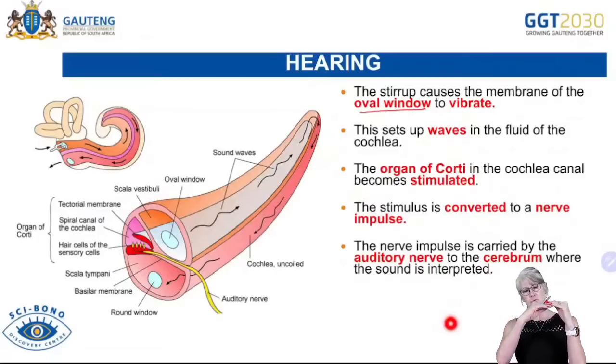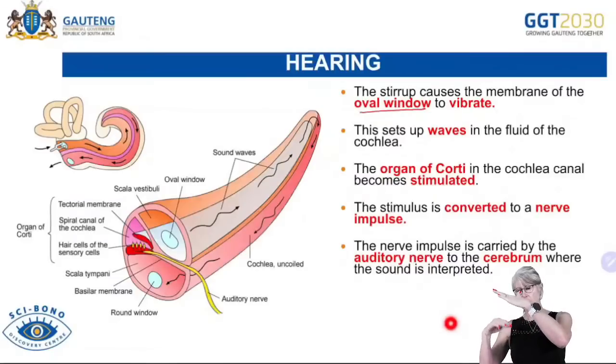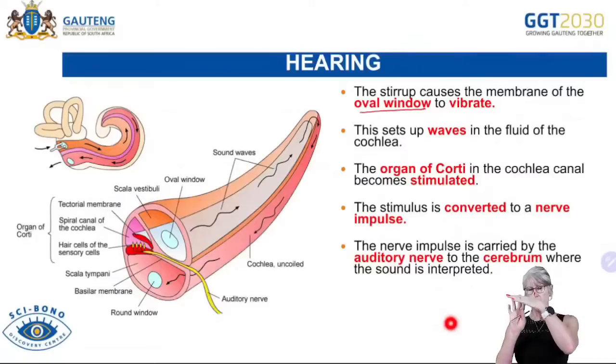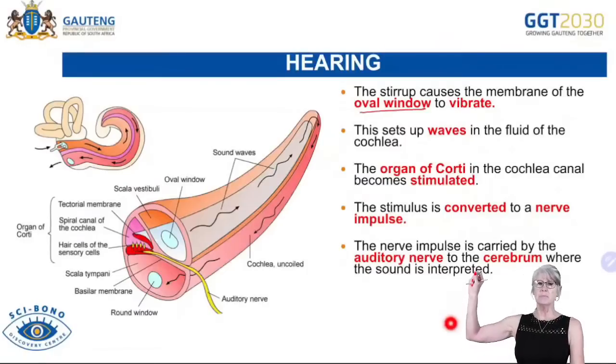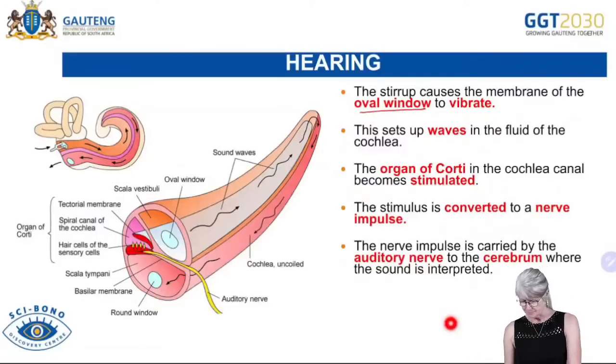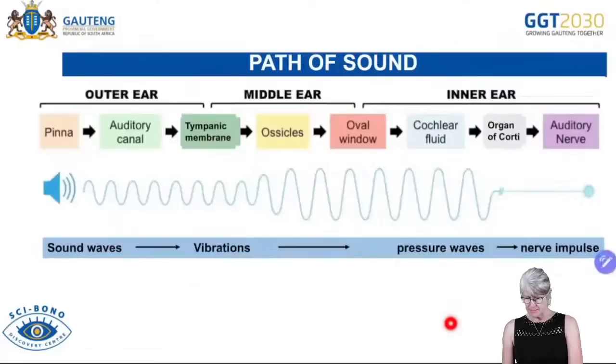And then the organ of Corti is found in the cochlea, and as soon as the waves start to move, the cells in the organ of Corti are going to move up and down, and when they touch a membrane covering them, they're going to stimulate an impulse, and that impulse is then carried to the cerebrum, because sound is interpreted in the cerebrum. So that's basically the path of sound. Let's have a look.